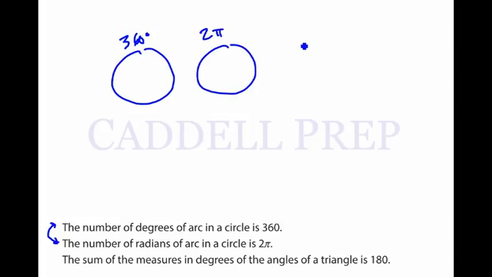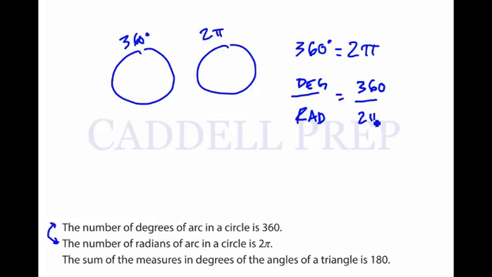So we have a relationship here that 360 degrees equals 2 pi radians. So now we have a way of converting between degrees to radians. So degrees over radians is 360 over 2 pi. And we could use this to find radians if we have degrees, or degrees if we have radians.